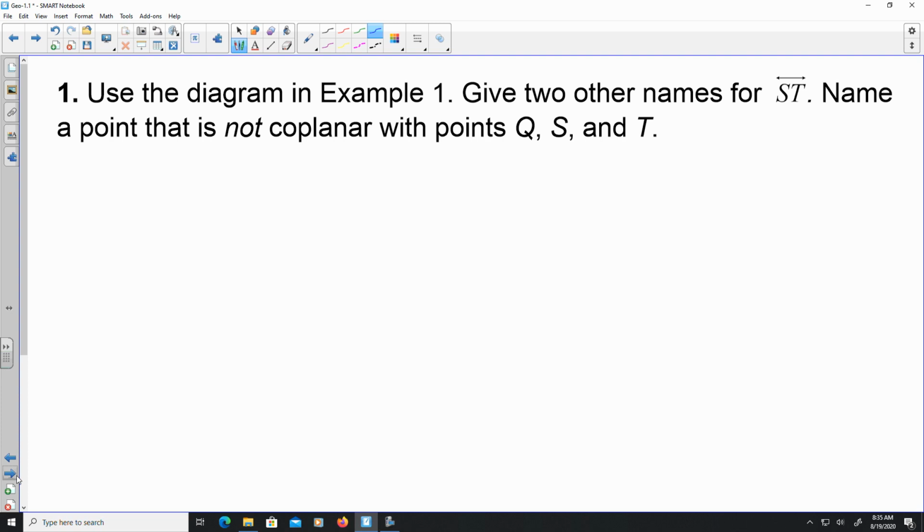Here it says use the diagram in example 1. It says give 2 other names for ST, and name a point that is not coplanar with points Q, S, and T. So let me go back.